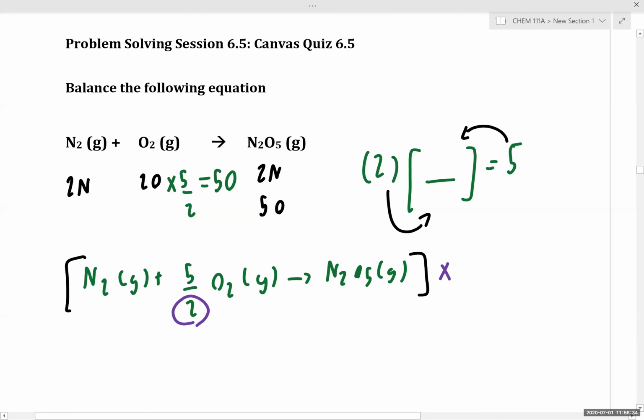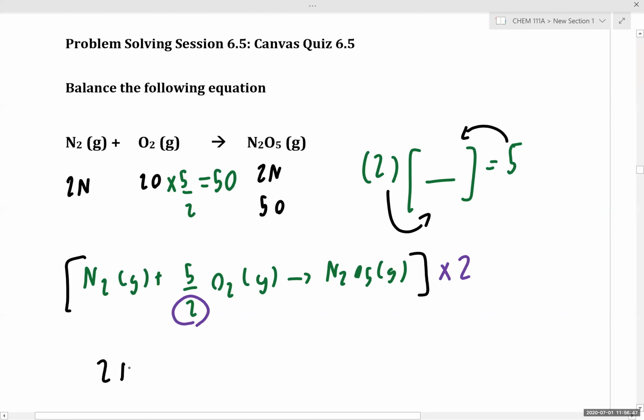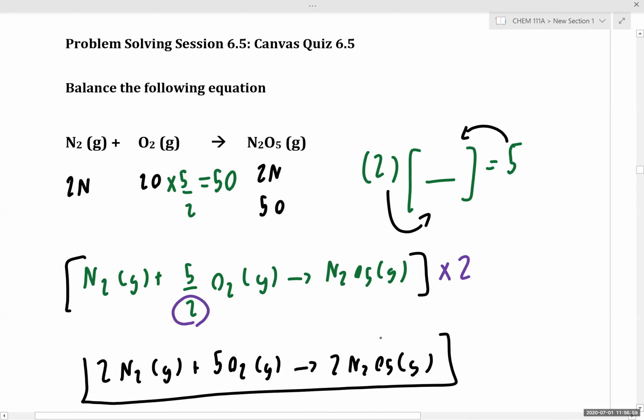If I want to get rid of this number on the bottom, I'd multiply everything by 2. And that in turn gives us 2N2 plus 5O2 leads to 2N2O5 gas.